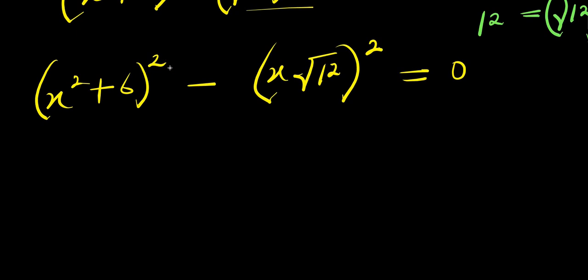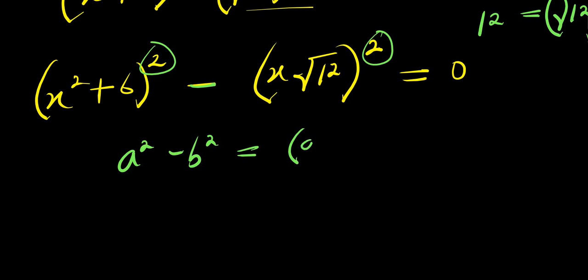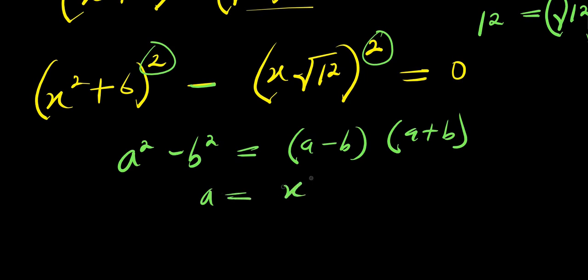Now, at this point, there's power 2 here again, there's power 2 here again, but this time there's minus, so we apply difference of 2 squares. A squared minus b squared equals a minus b times a plus b. And my a is x squared plus 6, and my b is x times root 12.